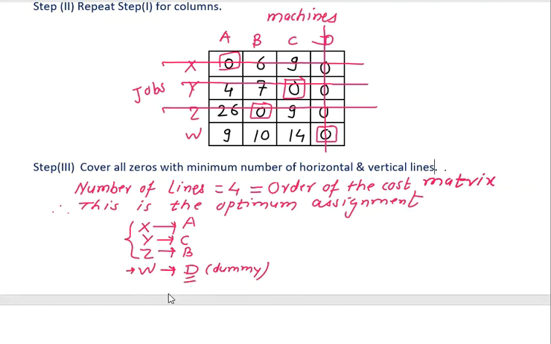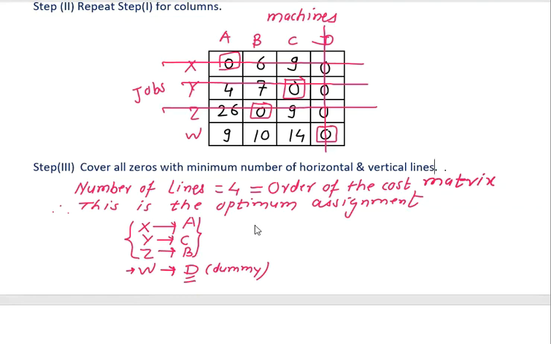It is a dummy machine. Only 3 machines are available. So 4 jobs and 3 machines. Out of 4, which 3 jobs have we assigned? X, Y, Z, and we have not assigned W. So the optimum solution is to assign the 3 jobs X, Y, Z and not assign job W to get the optimum assignment or minimum assignment cost.